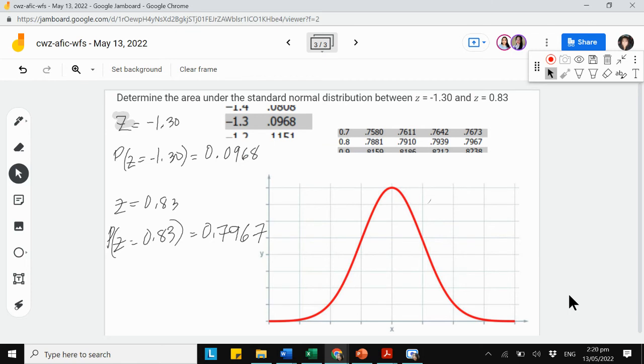So here, if we're going to graph this, kumuha na ako ng meron linya para doon makita. So, this is our 0 or this is our mean. Okay, so this is negative 1, negative 2, negative 3, and 1, 2, and 3. Okay?